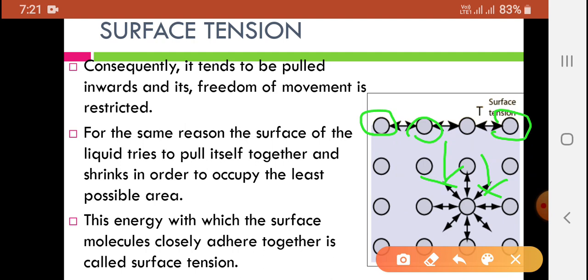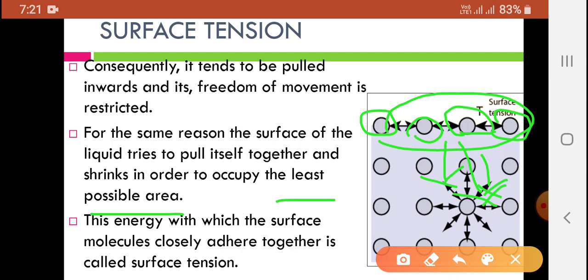For the same reason, the surface of the liquid tries to pull itself together and shrinks in order to occupy the least possible area. That means these molecules which are present on the surface are trying to pull towards the depth of the liquid, so they always try to occupy the least possible surface area.